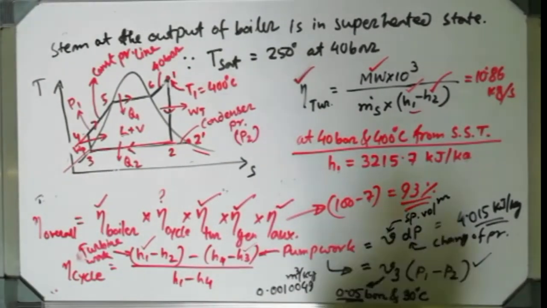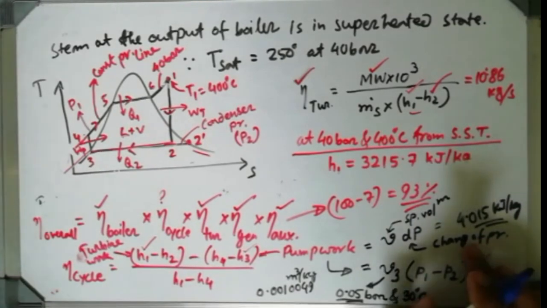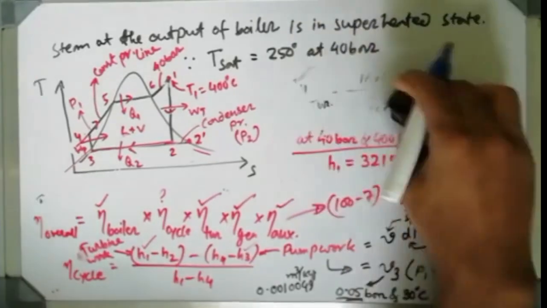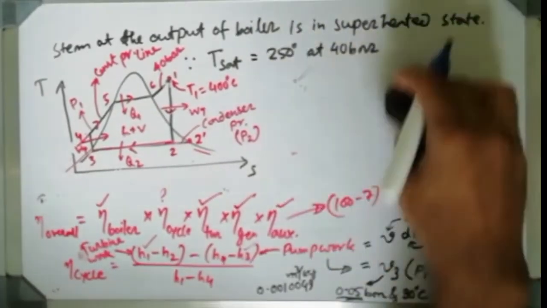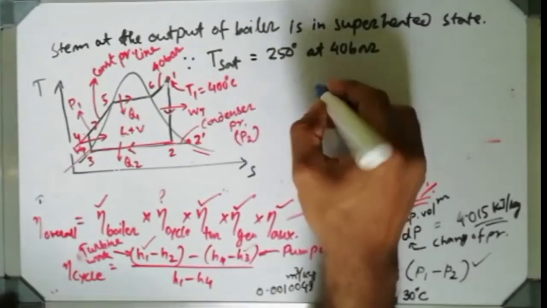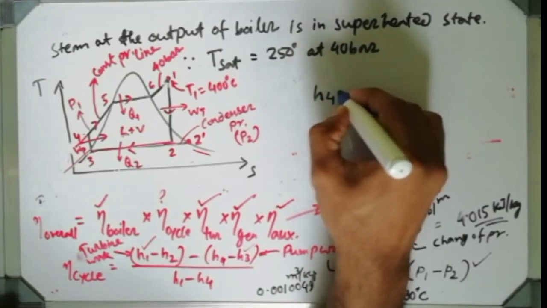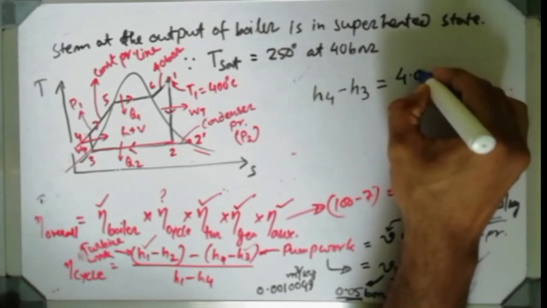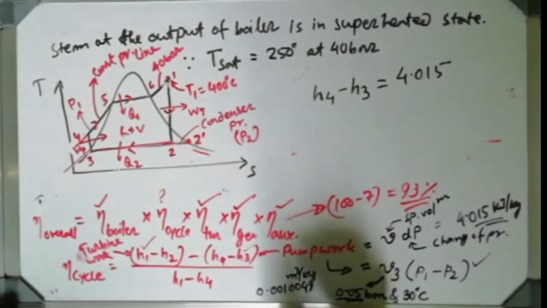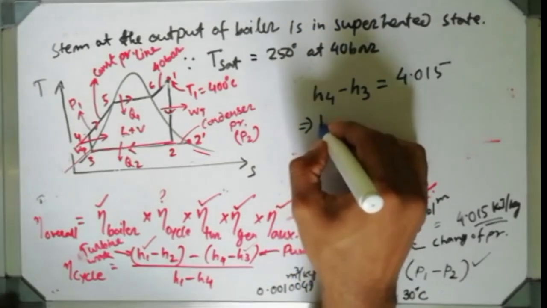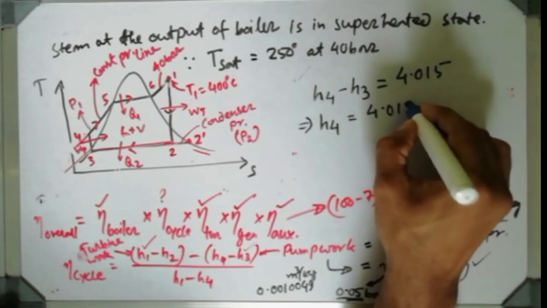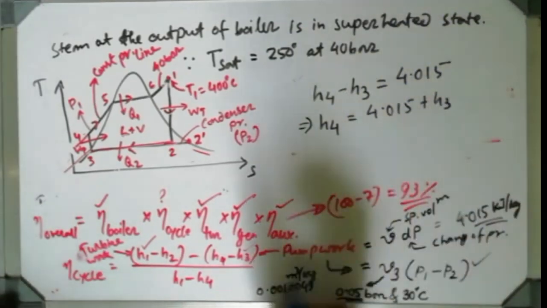Okay. Now that pump work is expressed by H4 minus H3, isn't it? So I can write H4 minus H3 is nothing but 4.015. So from there you can get the value of H4, that is 4.015 plus H3.